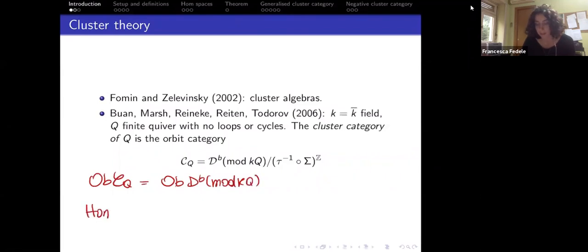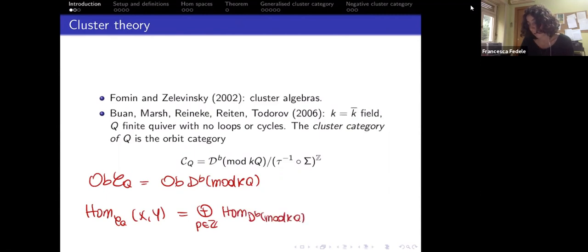And the Hom spaces over CQ of two objects X and Y are defined by taking direct sums over p in the integers of Hom over the bounded derived category of mod KQ of X and tau inverse composed with sigma to the p of Y. So you can think of it as follows: the objects in the derived category that are in the same orbit of tau inverse sigma are in a way identified in this orbit category.